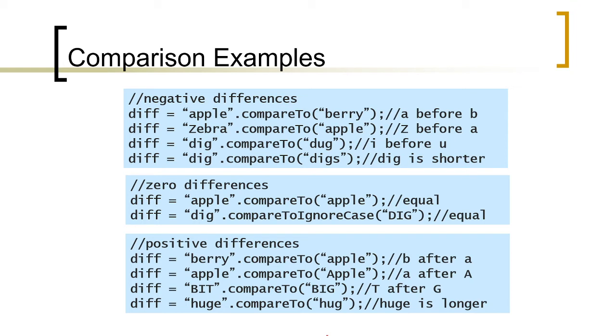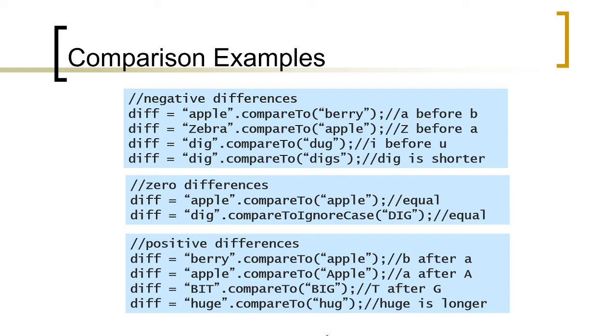We also have what we call compareToIgnoreCase. Usually you use it if you want to know the zero difference, whether it is equal or not. Okay, so it will ignore the cases. So in this case, "DIG" in uppercase compareToIgnoreCase "dig" in lowercase as word 1, so it will return 0 difference.